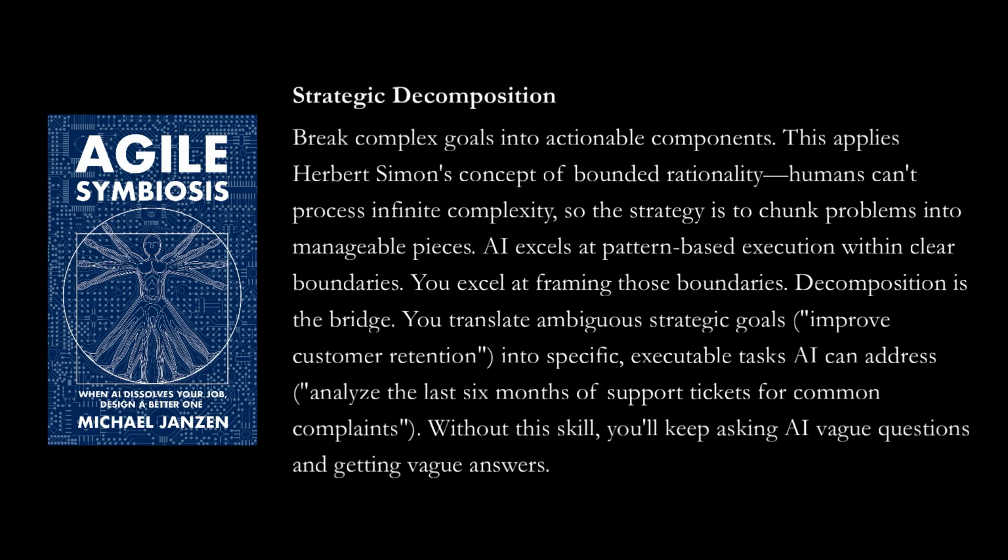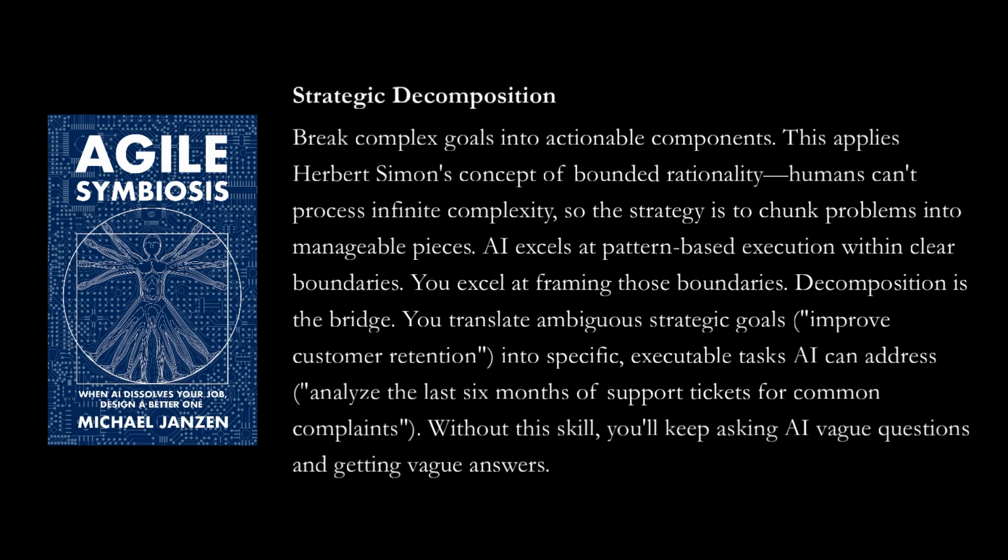Strategic decomposition. Break complex goals into actionable components. This applies Herbert Simon's concept of bounded rationality. Humans can't process infinite complexity, so the strategy is to chunk problems into manageable pieces. AI excels at pattern-based execution within clear boundaries.